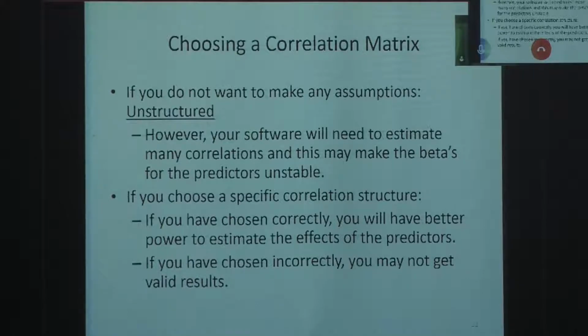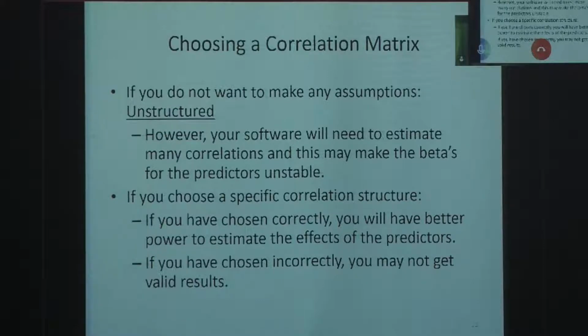Just assume unstructured correlation. The data will drive all the choices, but you may lose some power. If you think you have a good sense of what the correlation structure will be, you can specify that. Toeplitz, autoregressive, that'll save you power and give you better estimates of the betas. So it depends on whether you're willing to make an assumption, gain power if you're right, or you'd rather not make an assumption, give away a little power, but be safe in all cases.